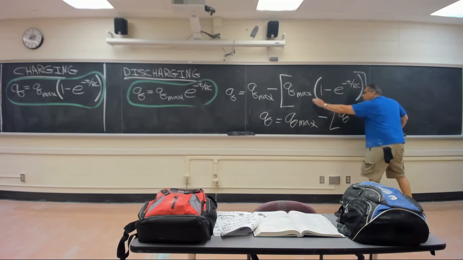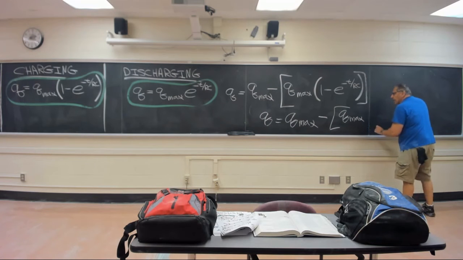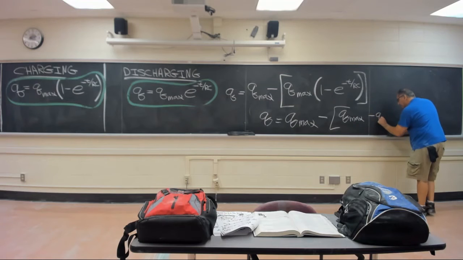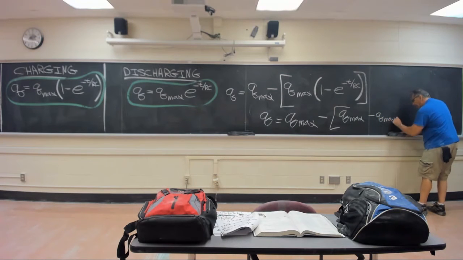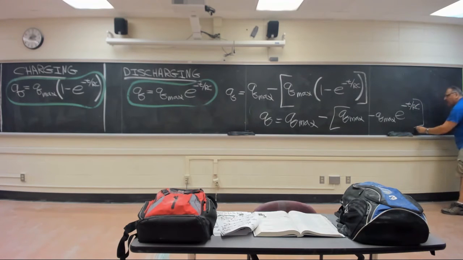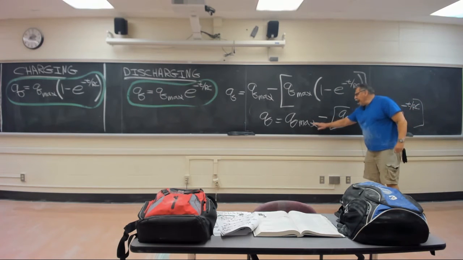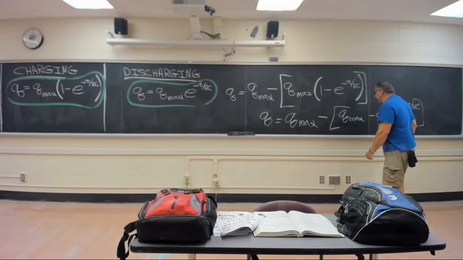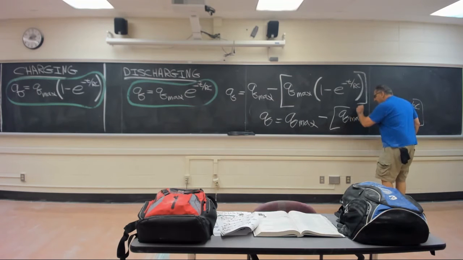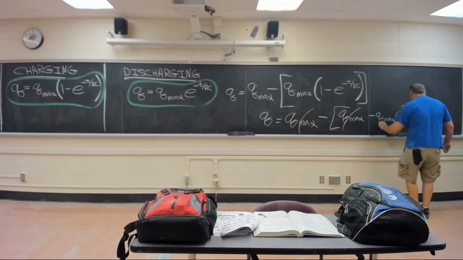What's that? Well, it's Q max times 1. That's Q max. Q max times this. Q max minus Q max is out of there.